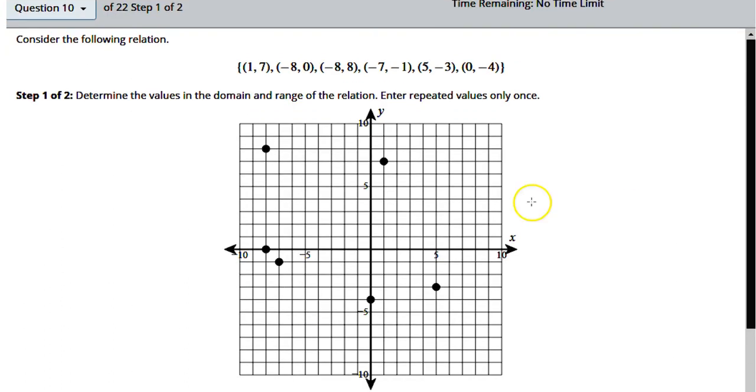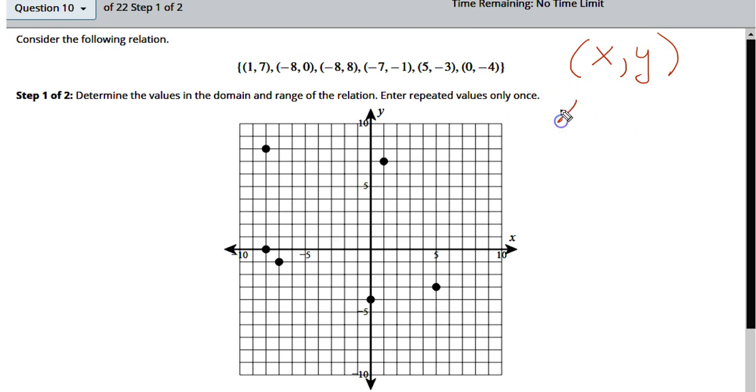Consider the following relation. Now here we're talking about function a little bit, and let's just do a quick review. A relation is any set of numbers that are somehow connected to each other. An excellent example is the ordered pair.